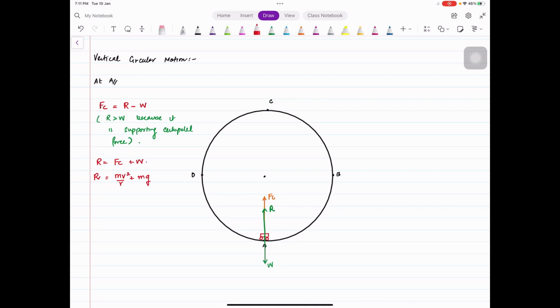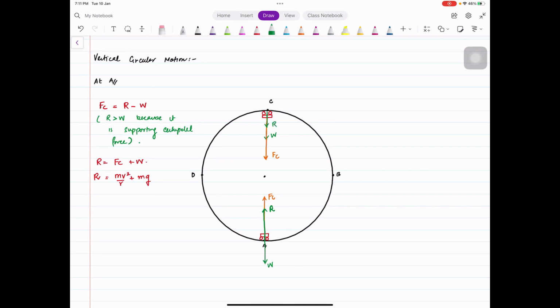The other important part is when the car is upside down on the track like this. Obviously the weight of the car is going to act downwards, and we should also understand that the centripetal force will also be down. If centripetal force is down, the reaction force will also be down.